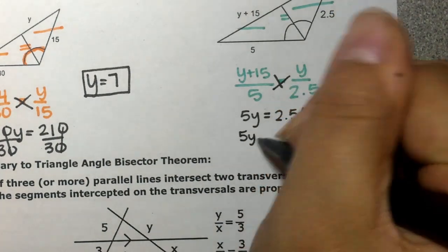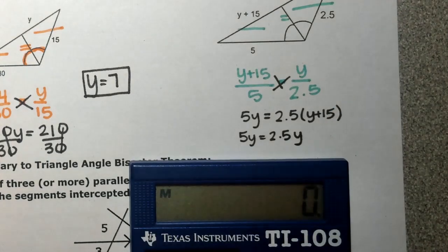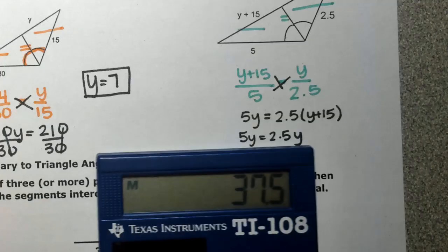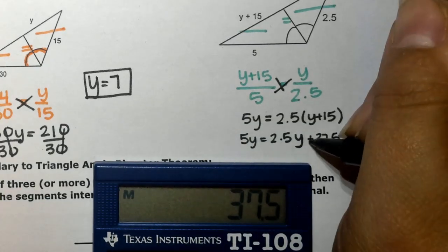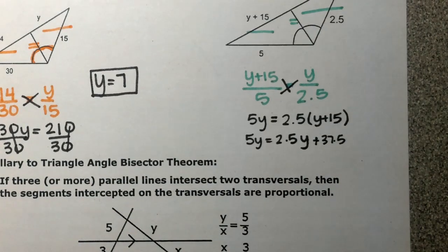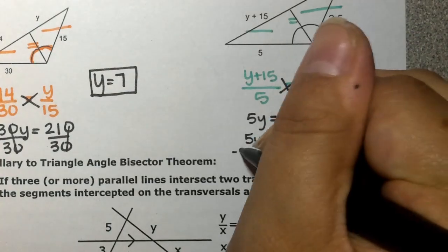I'm going to distribute. And I know y'all all don't have a calculator, so 15 times 2.5 is 37.5. What do I do now? Move the y to the other side.